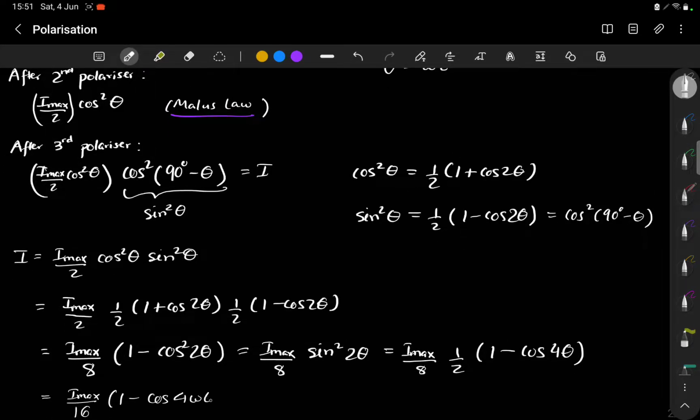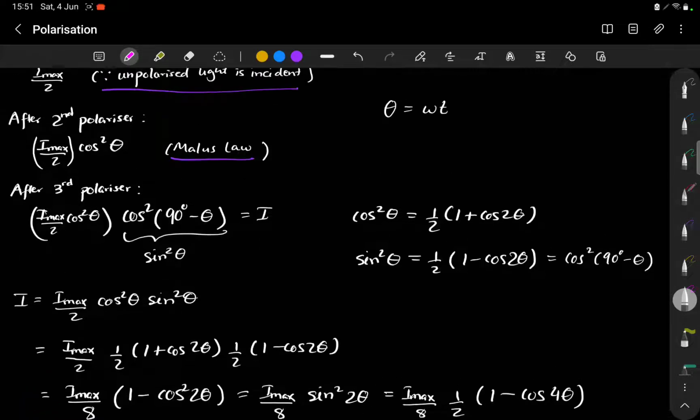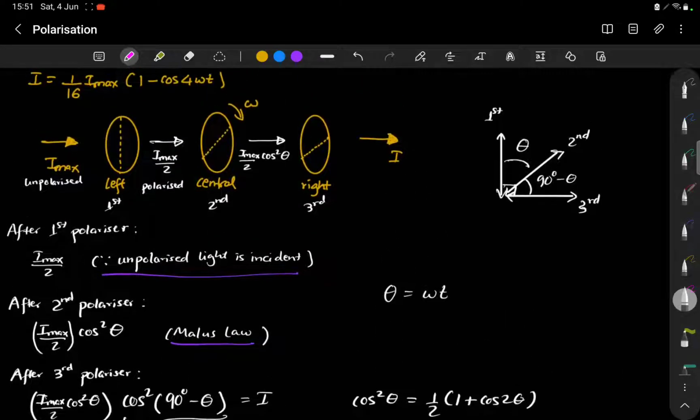So that's that. And this solves the question for us. We have obtained the expression for intensity coming out of the third polarizer, and we have found this expression. This was what we were supposed to find.